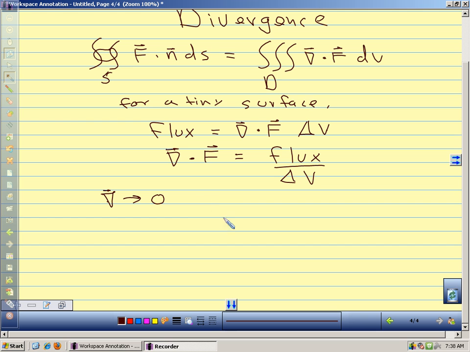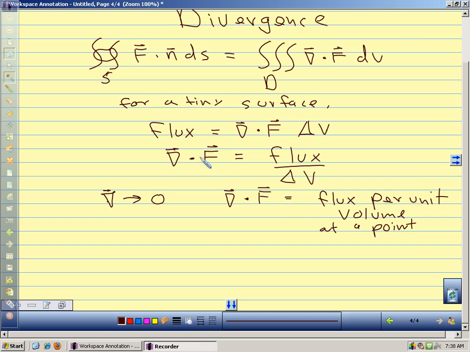In the limit, our divergence, del dot F, equals the flux per unit volume at some specific point. So at that tiny point where we're talking about the tiny surface, the flux per unit volume at a point. So this is our physical interpretation of the divergence.